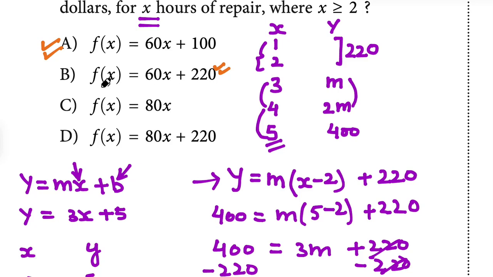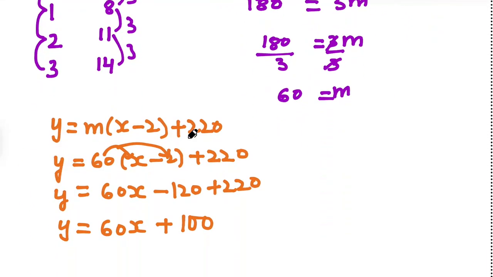So we cannot take this equation as y is equal to mx plus b and take 220 as the initial value, because x is not 0 here. So we have to use this equation after calculating m to find the linear equation which is appropriate for this situation. So A is the correct option.